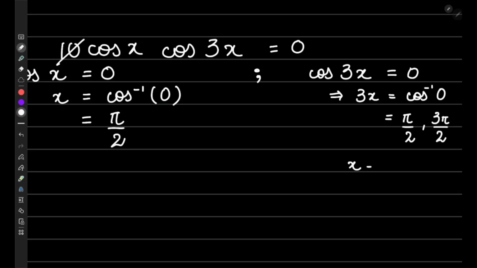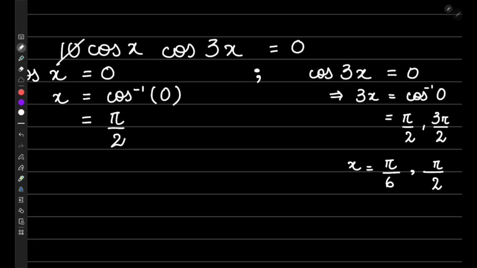Now x will be equal to pi over 6, with the 3 multiplied with the 2 of the denominator, and 3 pi over 6. So these are the angles. That will give you 3 pi by 6, which eventually gives you pi over 2.